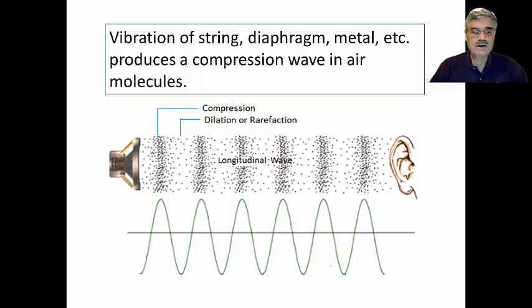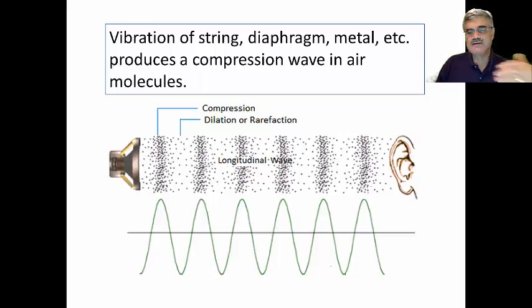The illustration shows a speaker on the left and how it pushes against the air molecules, causing the air molecules to compress in a zone, a compression zone. That then is followed by a dilation or a rarefaction zone where there's a depletion of gas molecules. And so the compressed region of air molecules is what moves along as a sound wave.